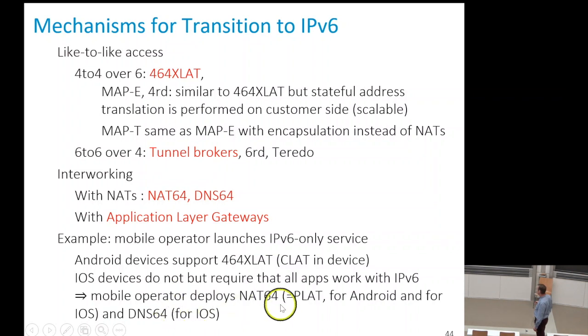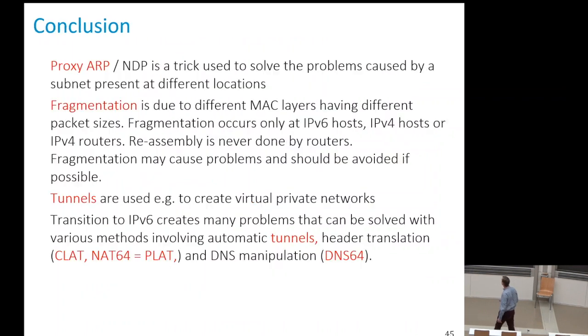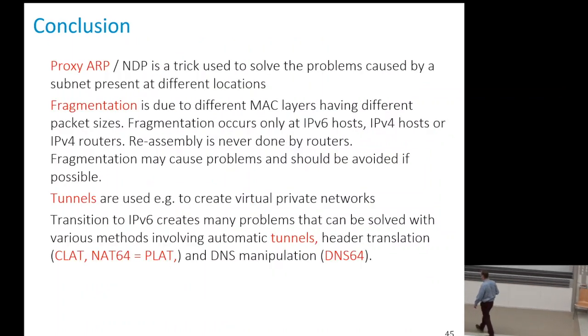But we still have problems to go to IPv4 only systems, so we will use the carrier-grade NAT and NAT64. Android does not have this requirement, so you will have IPv4 services, so it will use this mechanism, and you have the CLAT that will be then a piece of software inside your Android phone. This is perhaps the most widespread deployment of all this. I will let you discover the conclusion.